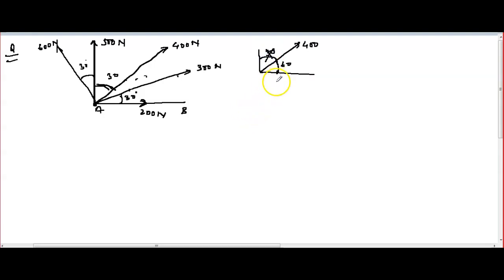Anyone you can consider and you can decompose. So if you decompose this one, we write 400 cos 60, and this one 400 sin 60. And if you are not taking this, then I have to take this one only, right?